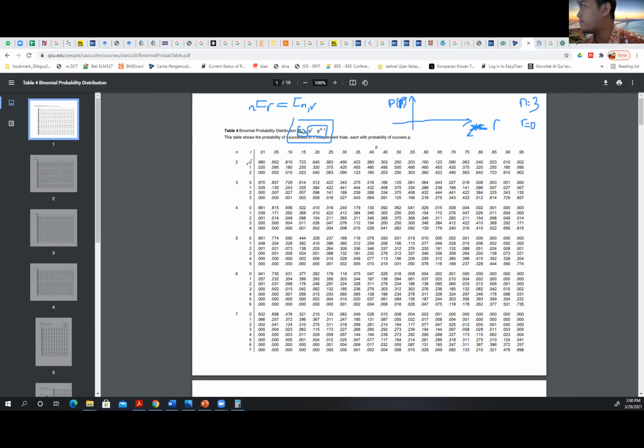Let's find out the 0, 1. N first is n equal to 3. Okay, so we spot this point. This is n equals 3, and then how about the r? R is equal to 0. So we should point out here.